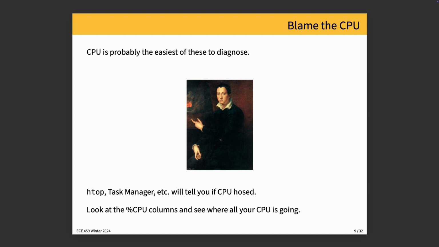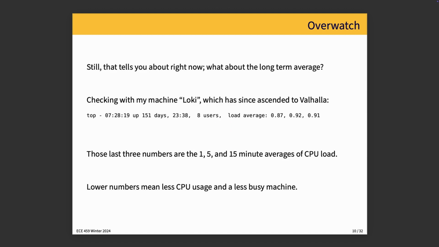You can look at the percent CPU columns, and you can see where your CPU time is going. So this gives you information about what process or what thread is consuming a lot of CPU. If you look at the simple version of that, though, you only see right now. And what do you see in terms of long-term average?